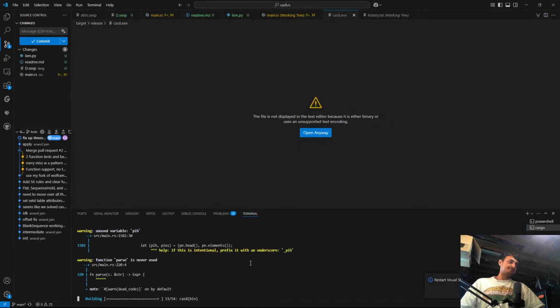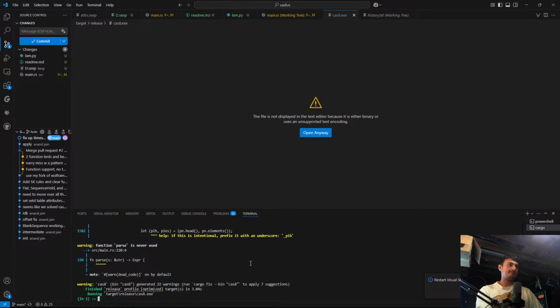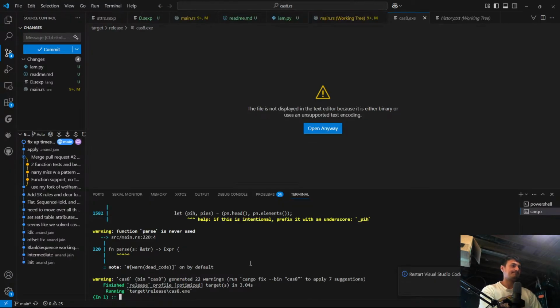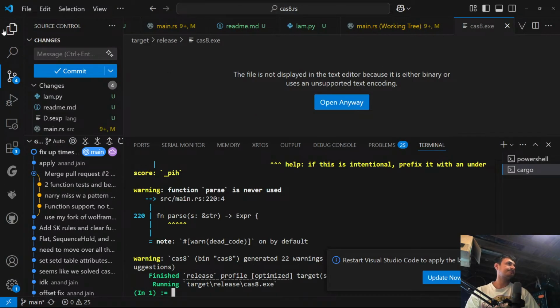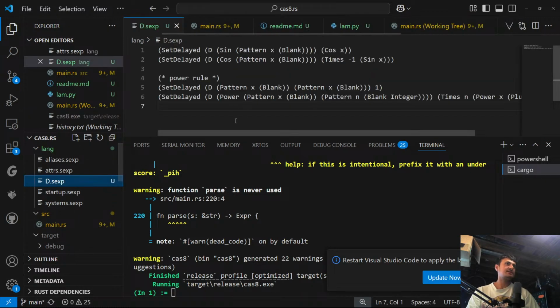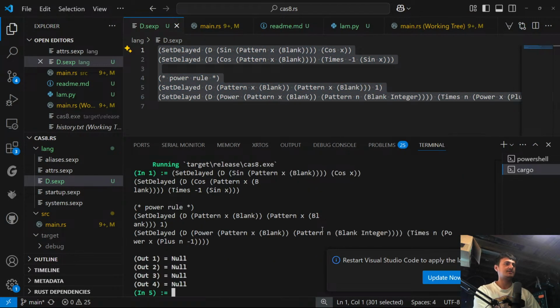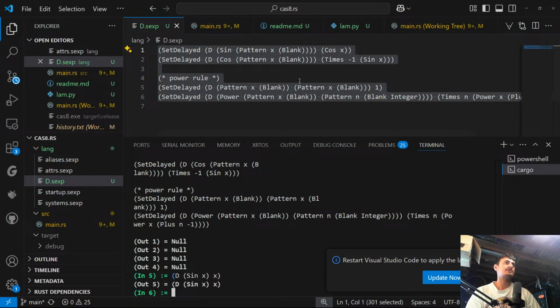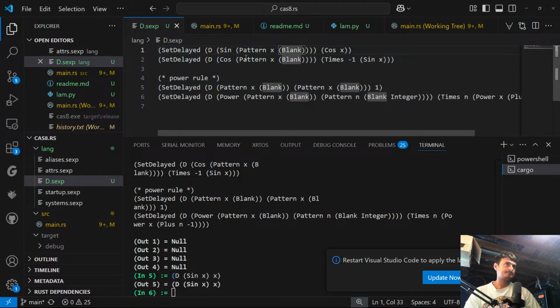That's really annoying. Okay. So I should be able to just take D, run these in here, then do D sine X. What? Oh, because it doesn't know my stuff.